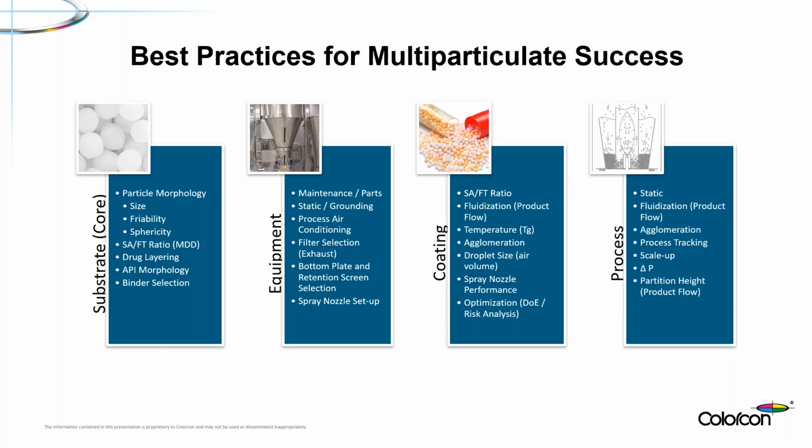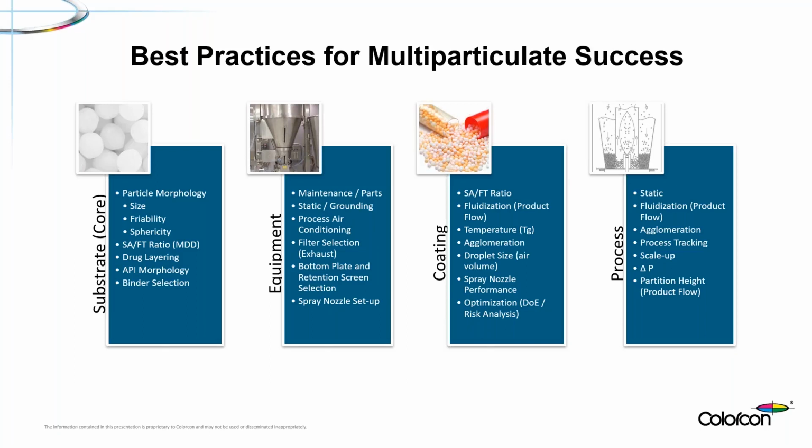For example, under substrate, not only do we consider the starting core, we also consider API morphology and binder selection when drug layering. Under coating, for example, we consider things like film properties critical to efficient film formation. We also consider the influence of coating viscosity and nozzle performance on droplet size, and the potential for particle agglomeration during coating.